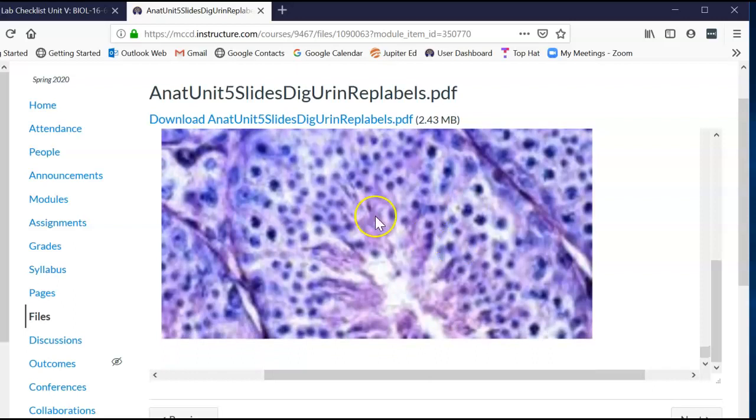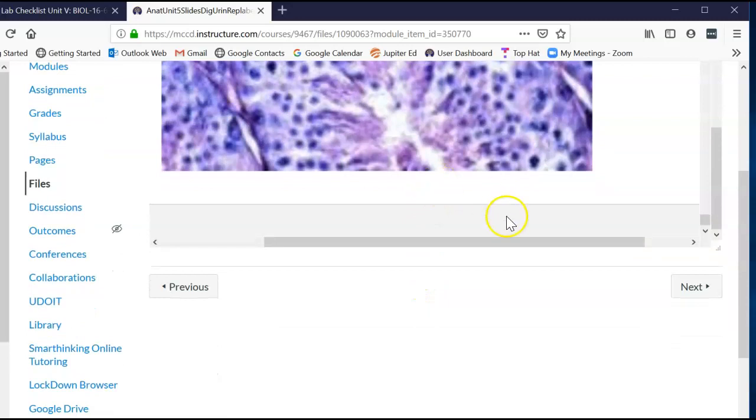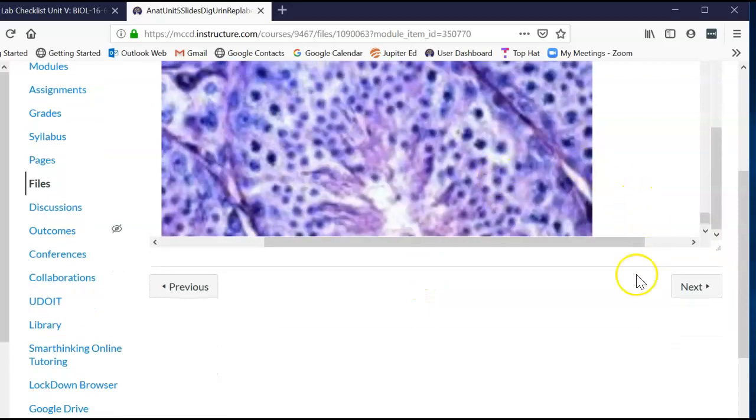You can practice on that one. You can see the cells get smaller as they get to the middle. They're undergoing meiosis. And I think that's it. So I hope that helps you to learn the female and male reproductive organs that produce the gametes, or reproductive cells.